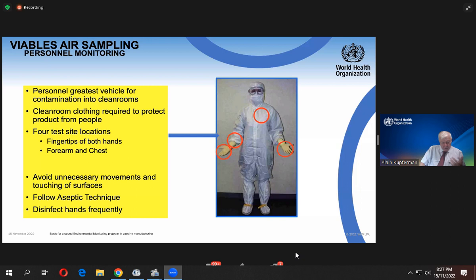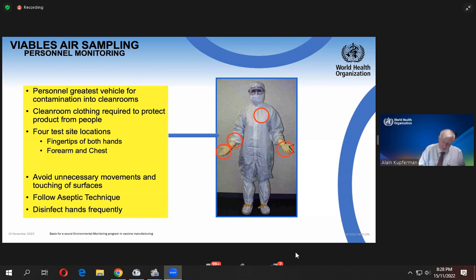So they have to avoid unnecessary movements. They have to keep quiet. If you visit a factory where the people have aseptic processing, you will normally see the person sit down in the corner and not move, just wait, because if the machine works properly, the person has nothing to do except from time to time take some samples or do some minor regulation.